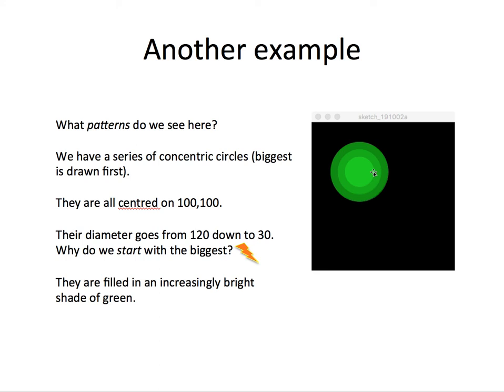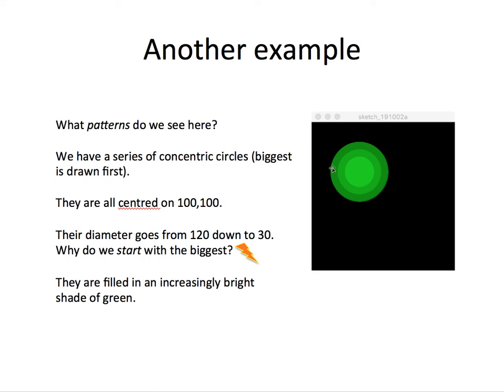And the other thing to notice is that they're filled in with a shade of green that seems to get increasingly bright or more intense as the diameter decreases. So the larger circle is less intense, if you like, and the smaller circle is brighter. So there's an inverse relationship between the diameter of the circle and the intensity of the color.